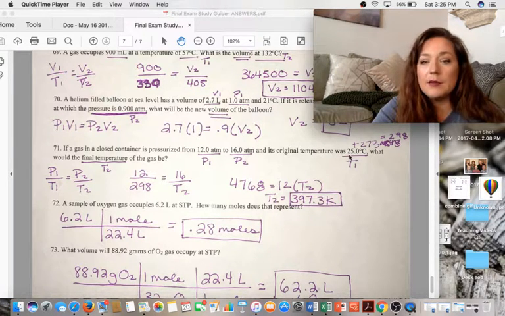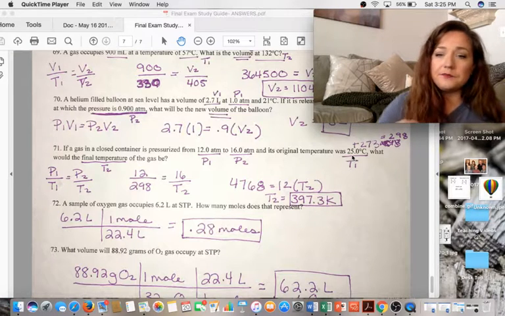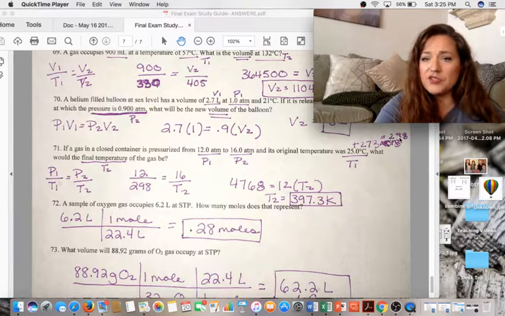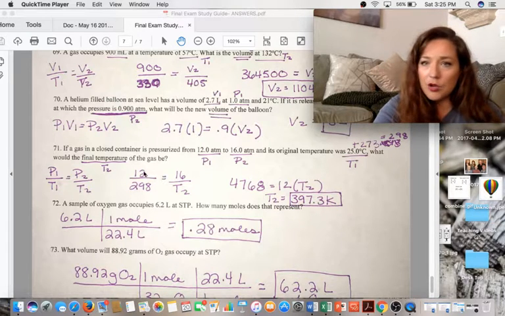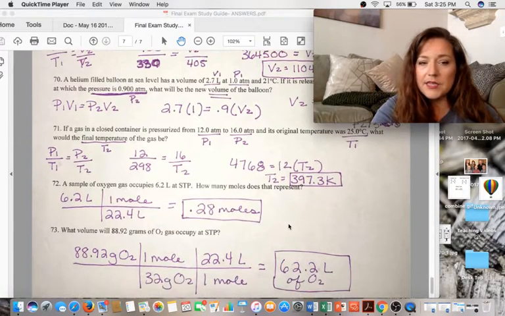Then my temperature 1 is 25 degrees Celsius. Remember to add 273, so it becomes 298. But I don't know my final temperature. So I set it up: 12 over 298 equals 16 divided by T2. I get 4,768 equals 12 times T2, divide by 12, and I get 397.3 Kelvin. Please keep that in mind.